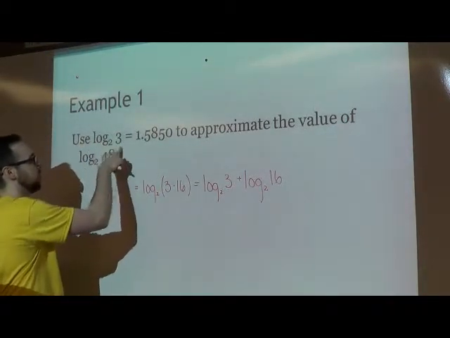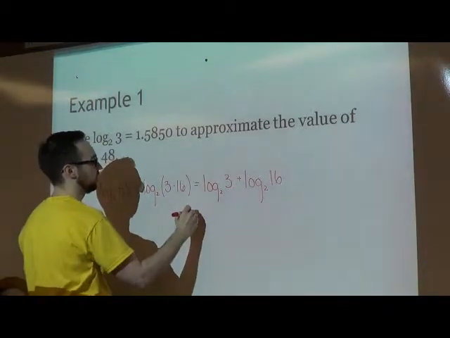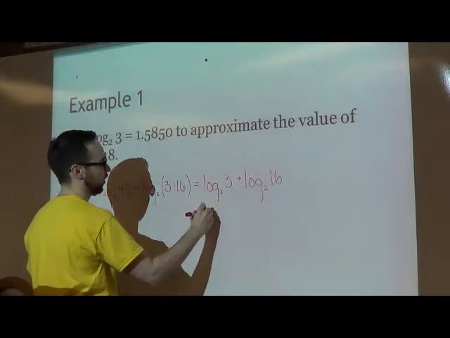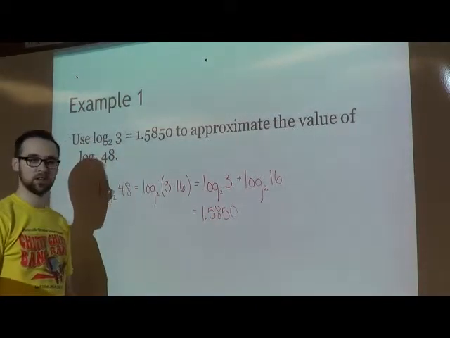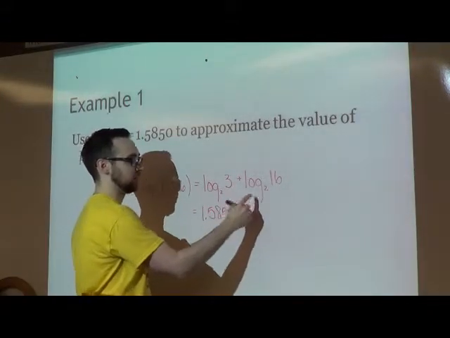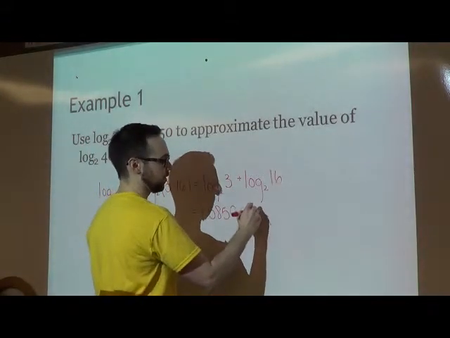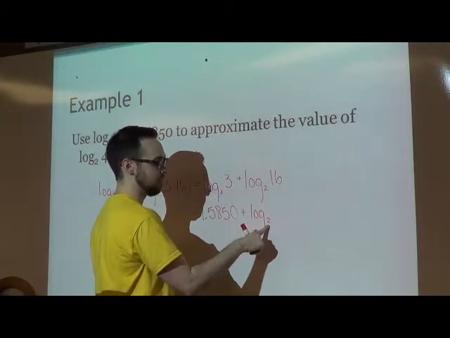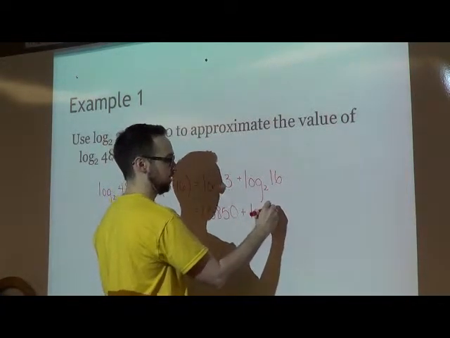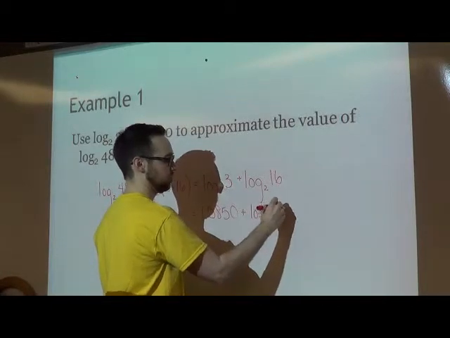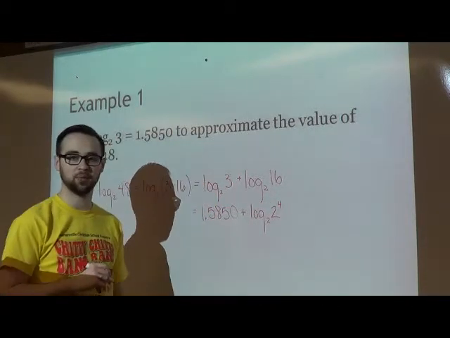So now I know what the log base 2 of 3 is. This is 1.5850. But I want to be able to add that to whatever this is. So what I'm going to do with this one is match the base to the piece inside. So 16 is 2 to the 4th power.